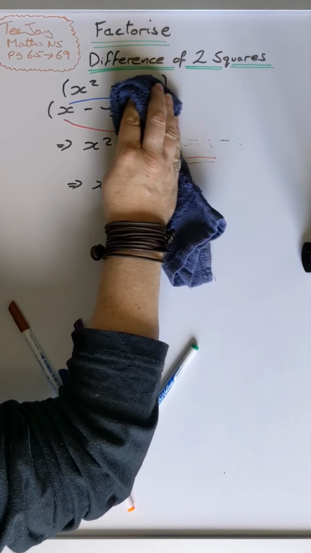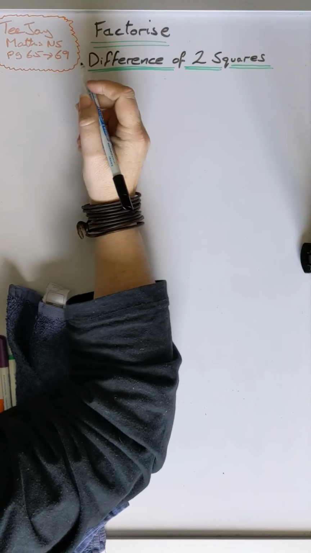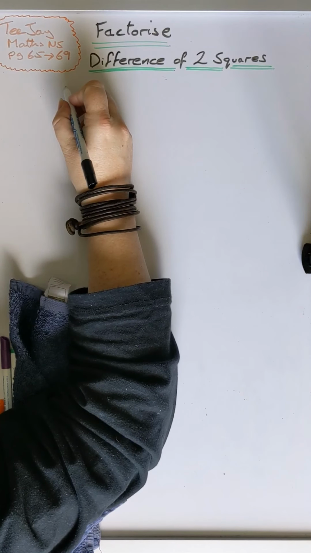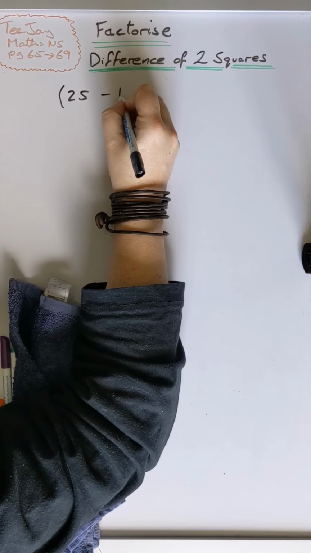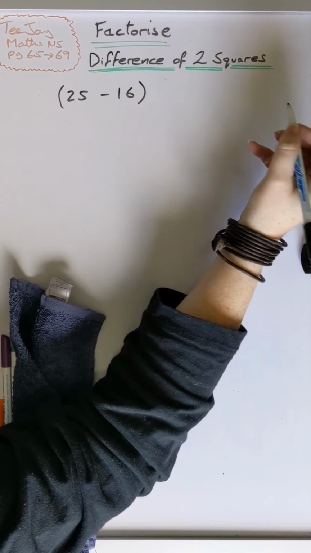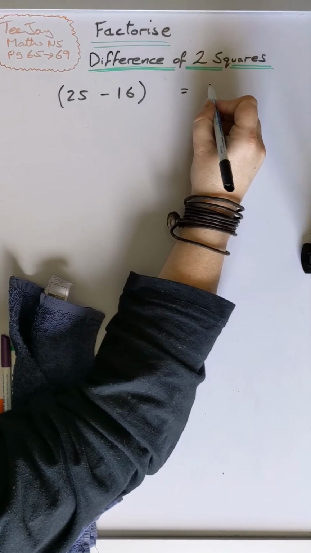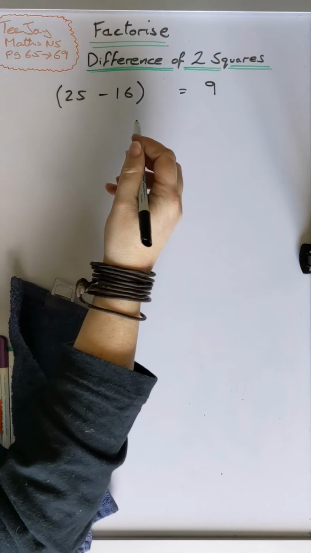So just to prove that to you, I'm going to show you what happens when you do it with actual numbers. Obviously you'd never do it with actual numbers, but I'll show you. So if we had 25 take away 16, we know that that equals 9. But we're going to deal with this algebraically.